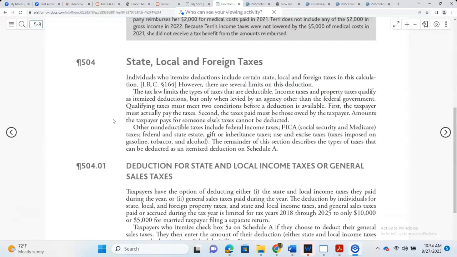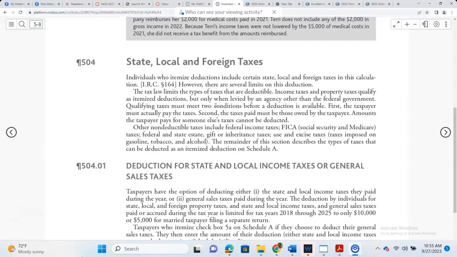State local tax or income tax, and eventually it will end up with the $10,000 limitation. So the tax law limits the type of taxes that are deductible. Property taxes qualify, but only when levied by an agency other than the federal government, like state government.